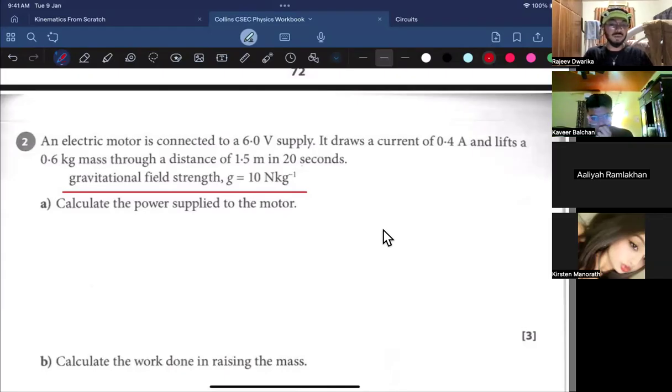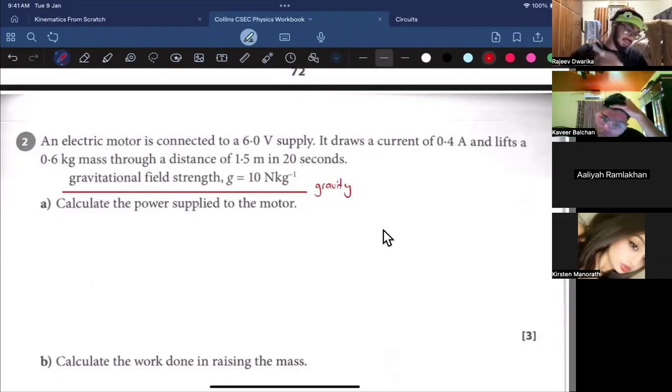Force? No. Again, the unit for force is newtons. The units here is newton per kg. Anytime I see G, G is what? Gravity. G is gravity. G is not grams. G is gravity. So gravitational field strength is just another way of saying gravity.